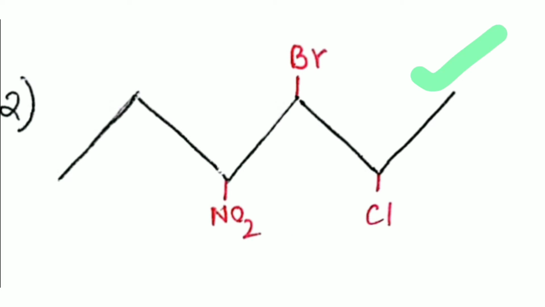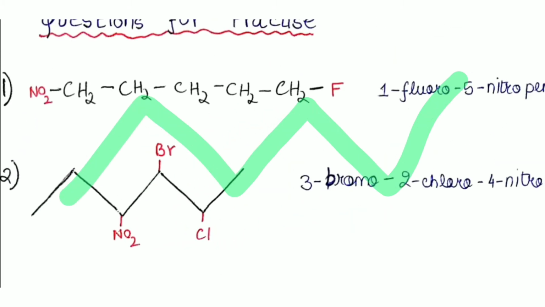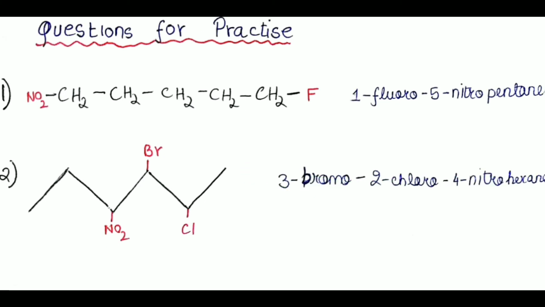So the name of this compound guys, any guesses? Yes, 3-bromo 2-chloro 4-nitro hexane. That's the name of the compound. The reason why we're taking bromo before chloro is again due to the alphabetical order decision. So the name of this compound comes out to be 3-bromo 2-chloro 4-nitro hexane.